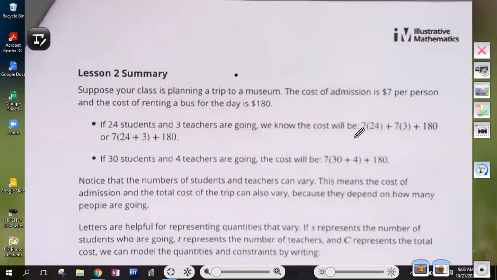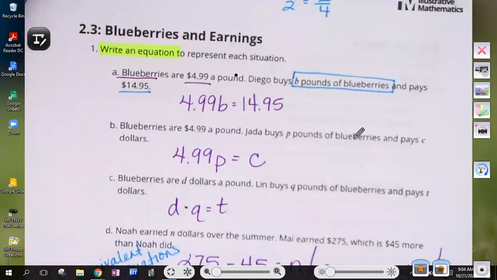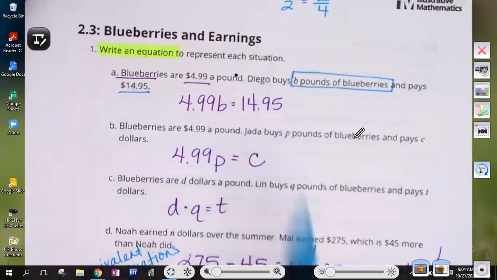Okay, so this kind of goes with what I just talked about. We can use numbers and letters to represent the quantities in a situation. When might it make sense to use only numbers? Okay, so for example, like these, we mainly use numbers.